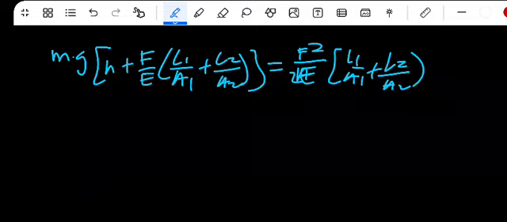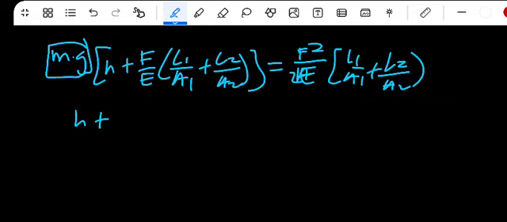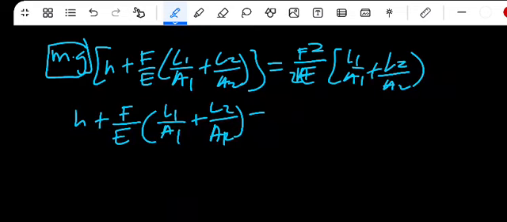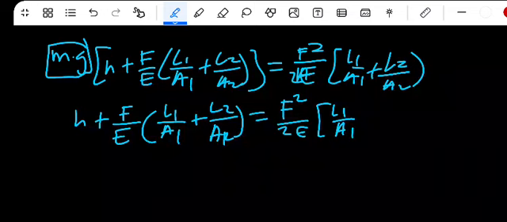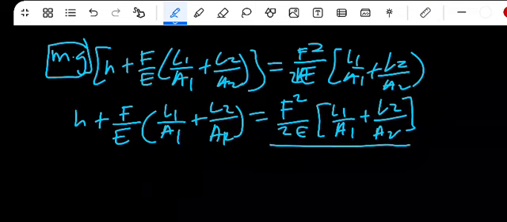You can make the subject, divide by this, both sides, would be left with this. Making the subject of the formula F squared over 2E, L1 over area 1 plus L2 over area 2. You divide it by this, either way will be mg. This is what we have.